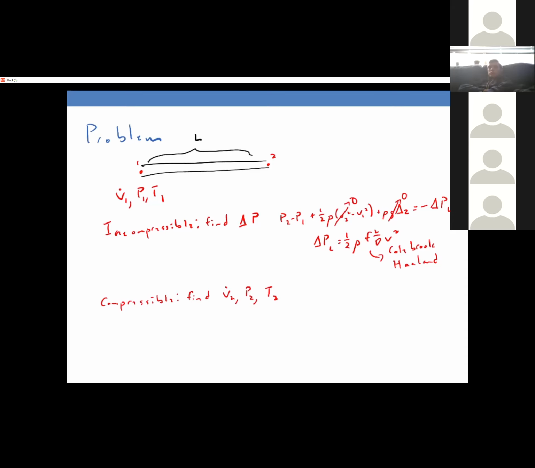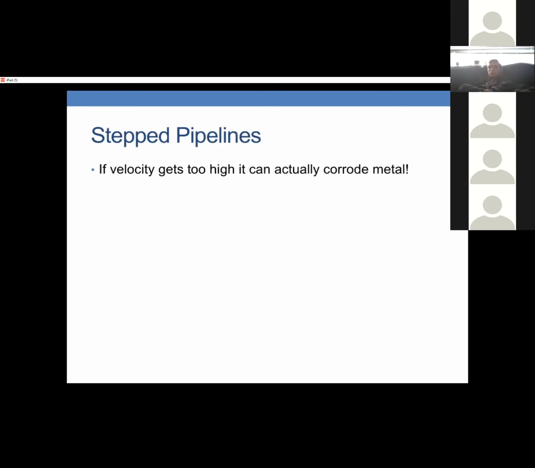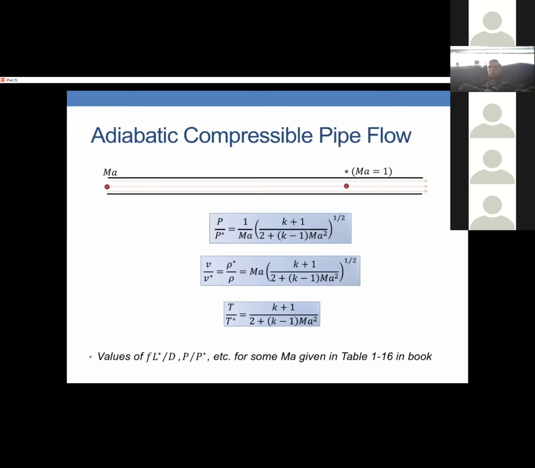Yes, Connor, we've got all those equations. So these equations all use star, which is what the property is when it's choked, when Mach equals 1. We don't know that. We could try to calculate it somehow, or we can just get rid of it. How should we do that, do you think?